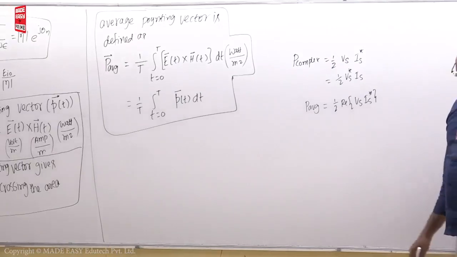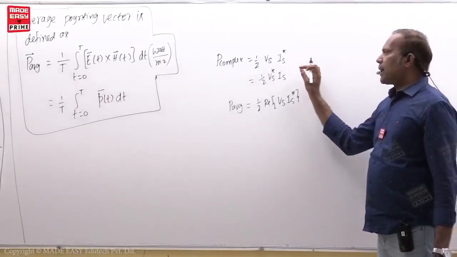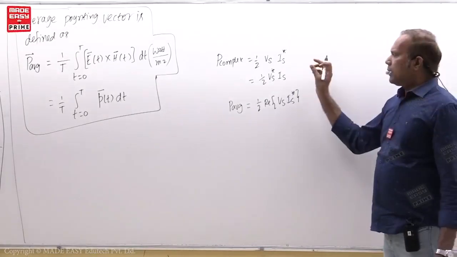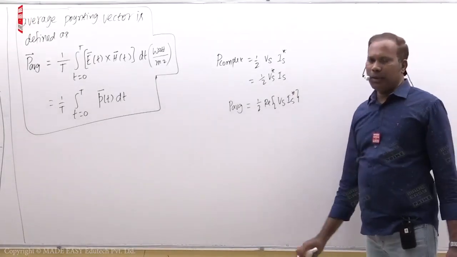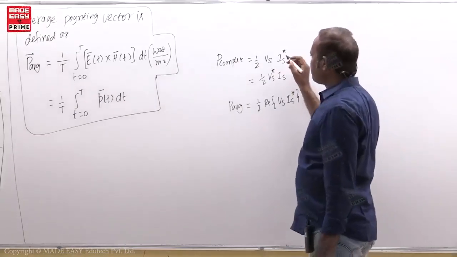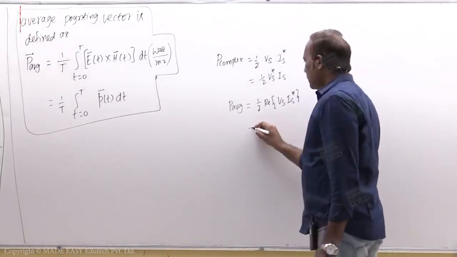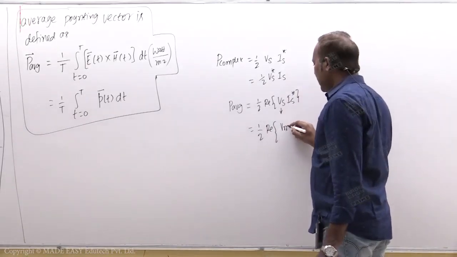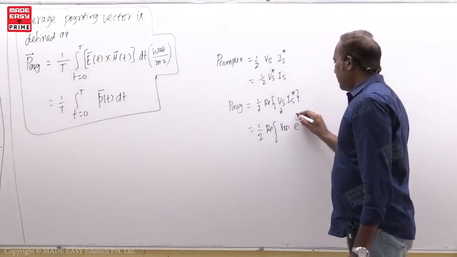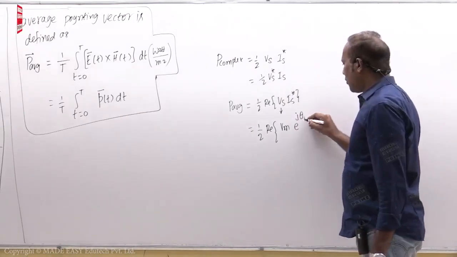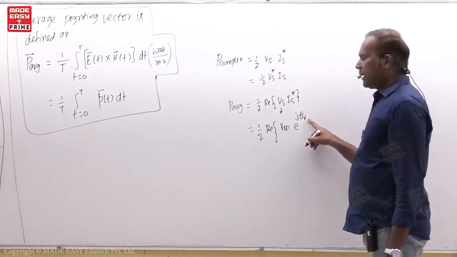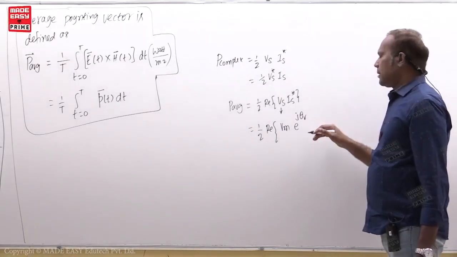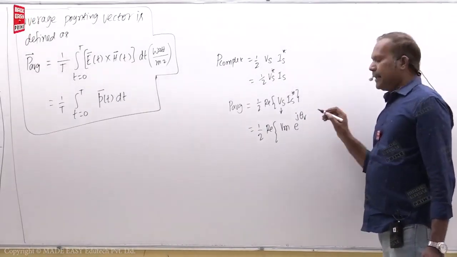Similar to this, if you solve the power calculation in complex domain, or otherwise phasor domain, that is very simple. For example, I will tell you that in network theory, Vs is Vm e power j theta V, where theta V is the voltage wave angle.